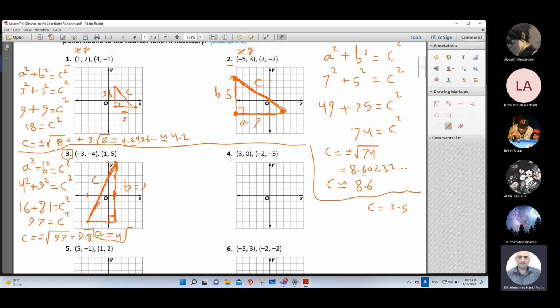Now I want all of you to try to solve number 4, please. So we want to find this distance.